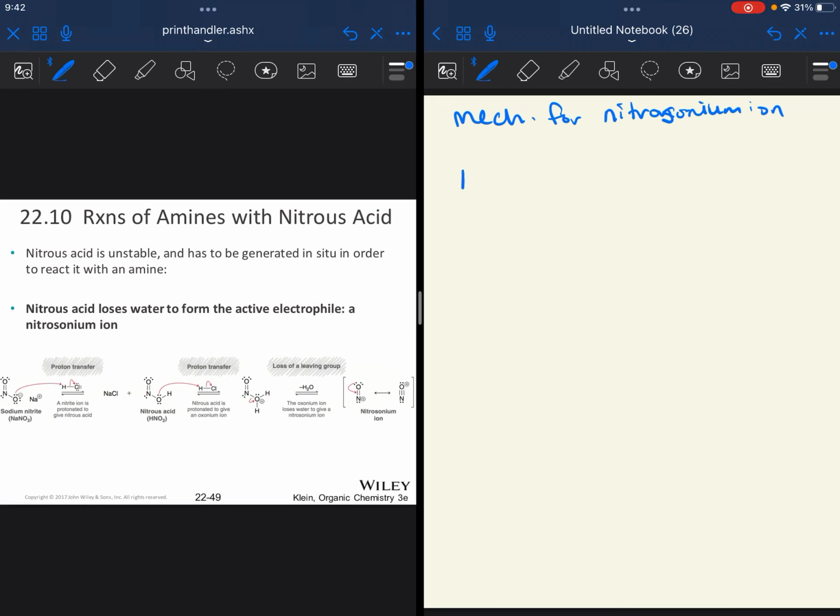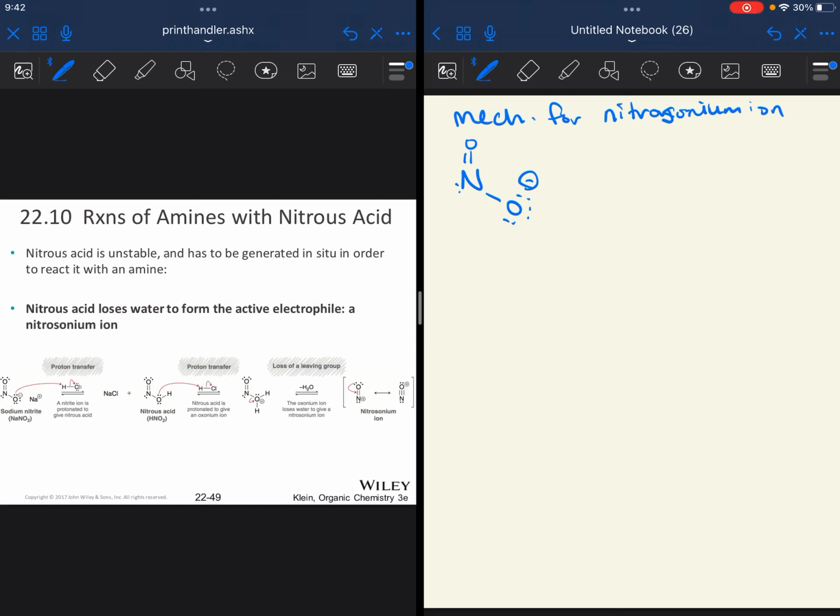You are taking your sodium nitrite, which is NO2, so you wind up with this O minus right here. Essentially, you're just making that oxygen into a better leaving group so you can kick it off.